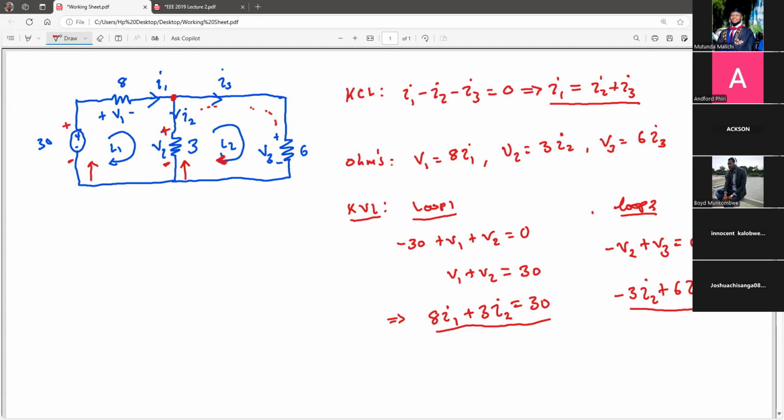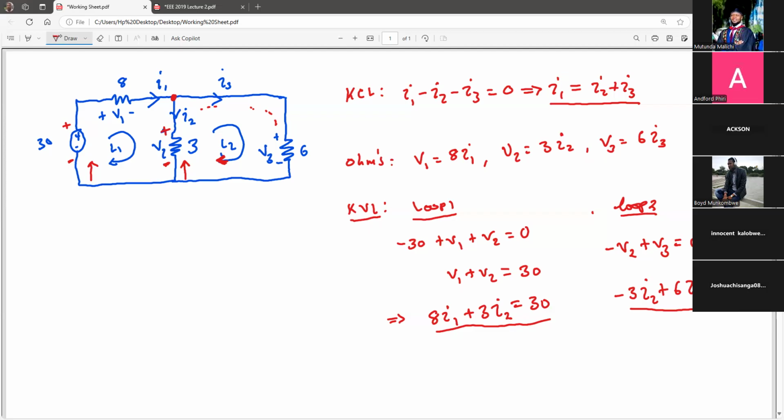The first one has I1 and I2. The other one has I2 and I3. So the way they are, it's not easy for you to solve. Remember, you have to have the same number of unknowns and the same unknowns. But when you look at the two, the only one that is common between the two is I2. How are you going to get I1 and or I3?